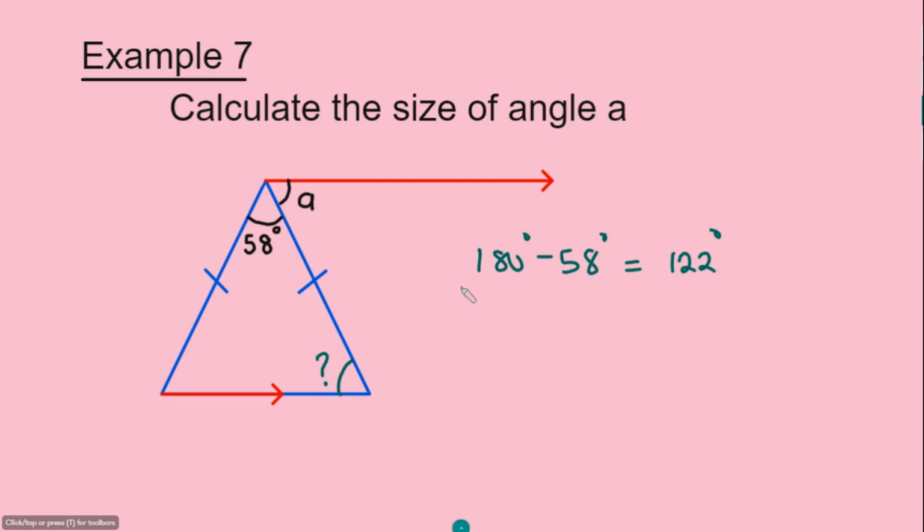Now, if you divide it by 2, that's going to give you 61 degrees, meaning that each of these angles here is 61 degrees. Now if you look at this Z shape here, this angle definitely has to be equal to A, so definitely angle A is going to be 61 degrees.